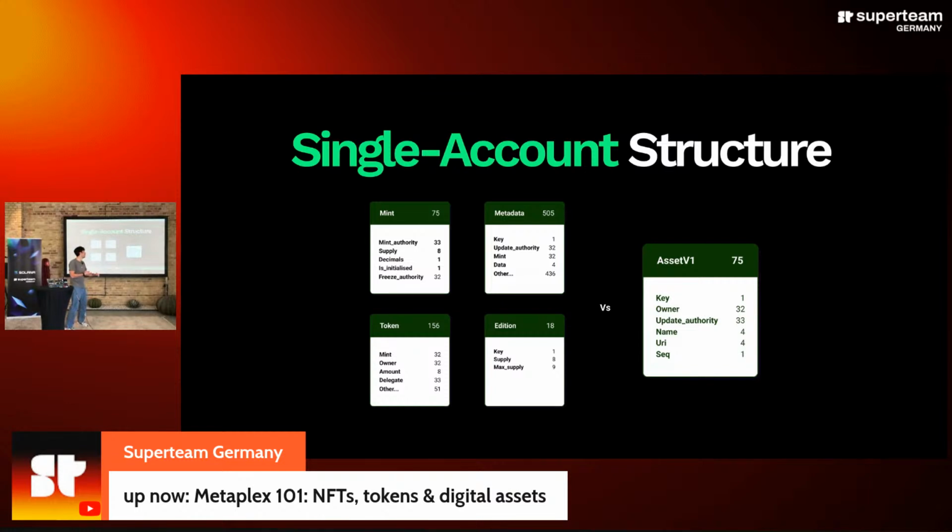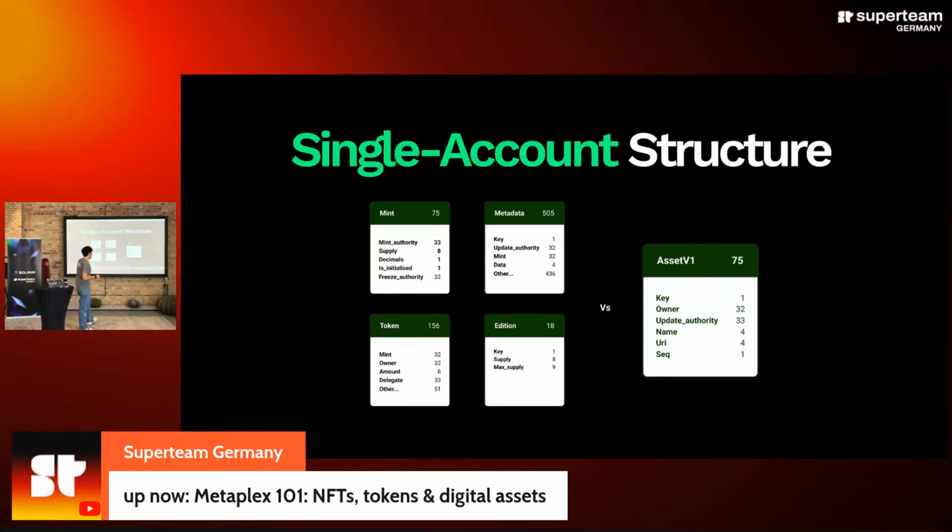We don't need the supply. We don't need the decimals. Decimals is always 0. We don't need all these different fields that are needed for fungible tokens. So now you can create an asset with just 75 bytes, which is pretty much 1/10, 1/15 of the cost of just these 4 accounts.